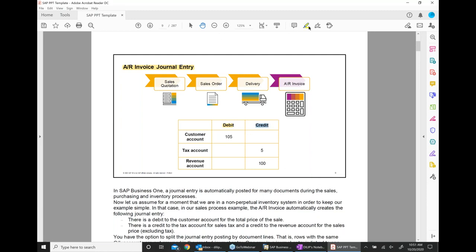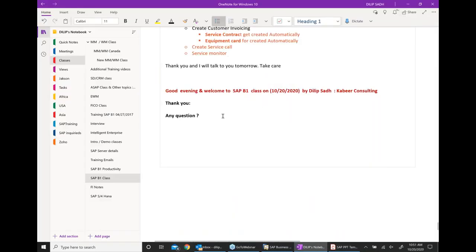Now, we're going to talk about what debit and credit basically mean. Let's do the sales cycle again. So let's say I do a sales cycle. We did that before. We are doing it again. In the sales cycle, what is happening? We create a sales quote. This is actually a repeat of what we already did, but that is fine.